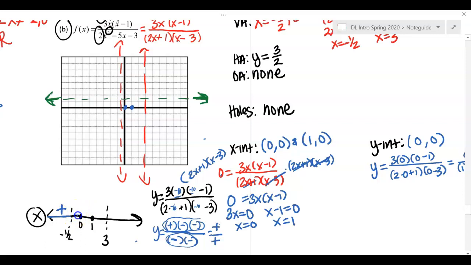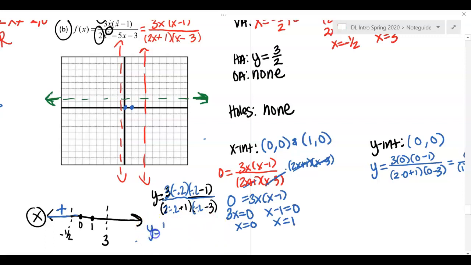Then I'm going to try between -1/2 and 0, so that kind of sucks, but I'll pick something like -0.2. So I'm going to have 3 times -0.2 times -0.2 minus 1, 2 times -0.2 plus 1, and -0.2 minus 3.